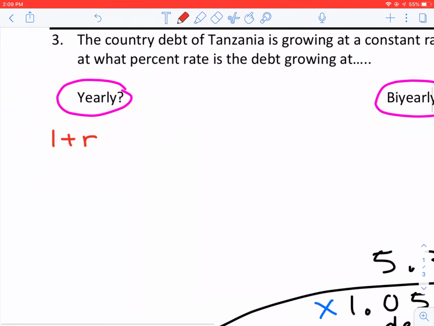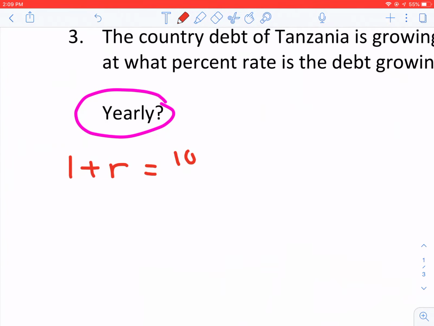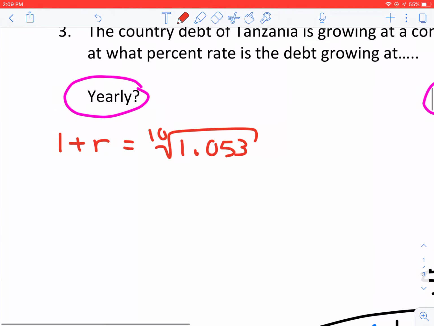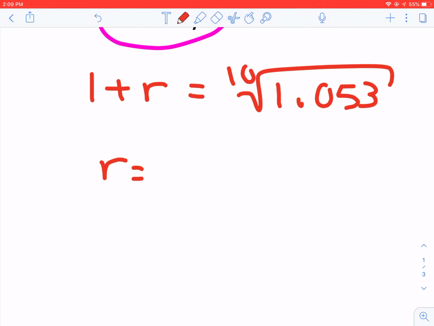So 1 plus r in this case is the 10th root of 1.053. So to find the yearly growth rate or the percent rate, I take the 10th root of that and subtract 1. And hold on, let's see what we get.